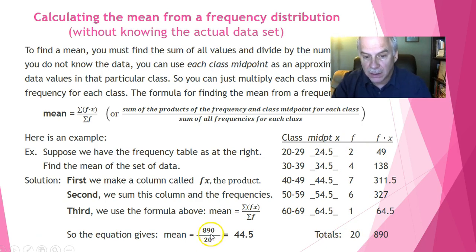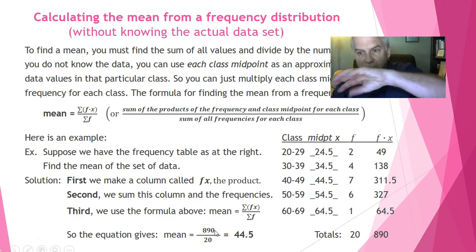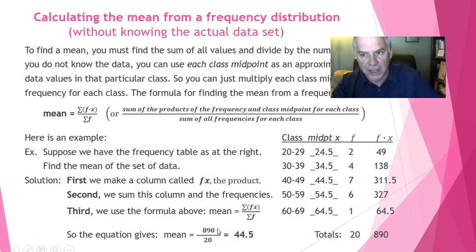And then the final calculation for the mean of all this data, approximately, is 890 divided by 20. So my total of the FX column, 890, divided by the total of my frequency column, which is 20. Basically this 890 is an approximation for the total sum of all the data values, divided by 20, which is the number of data values.